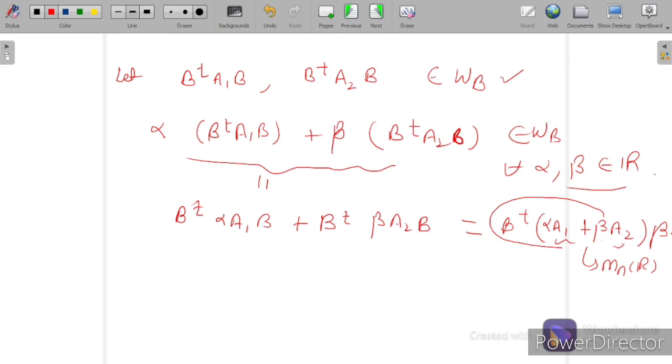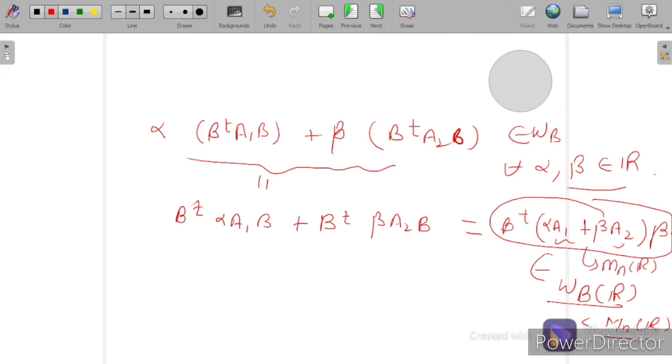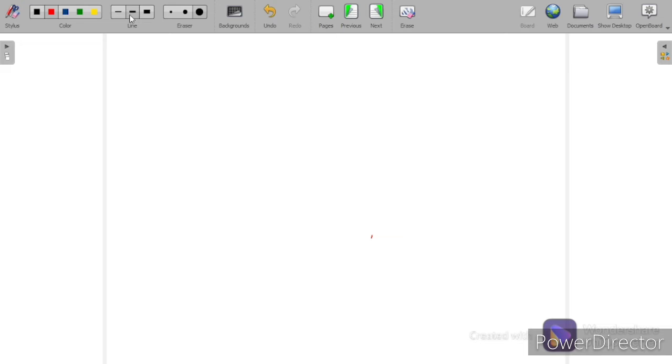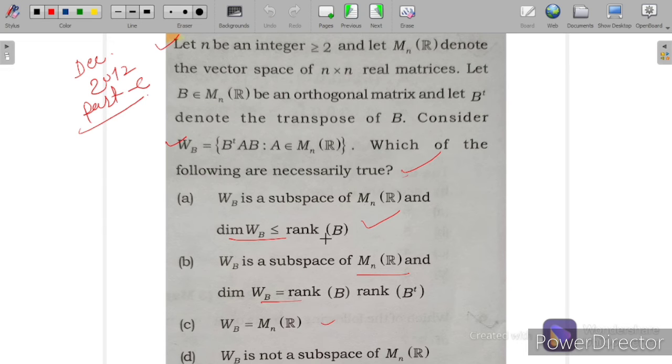So this matrix will belong to W_B. So this is a subspace of M_n(R). Okay, this is done. So that means W_B is a subspace of M_n(R). So option D is wrong.